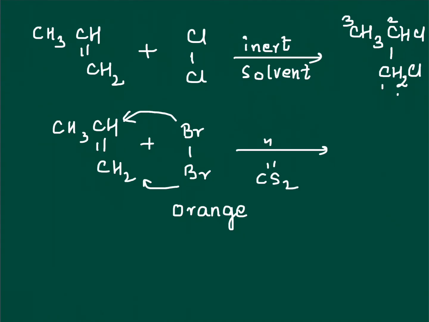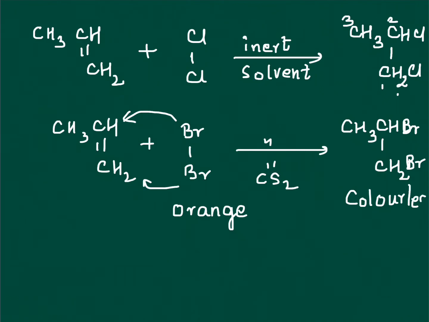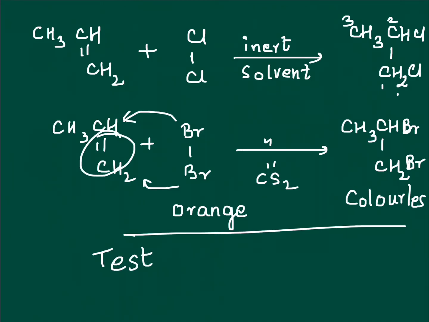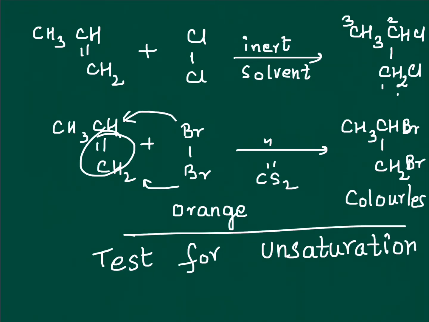A dihalide is formed, CH3CHBr single bond CH2Br. This product is colorless. So this reaction can be used to test for the presence of a double bond, that is, test for unsaturation.